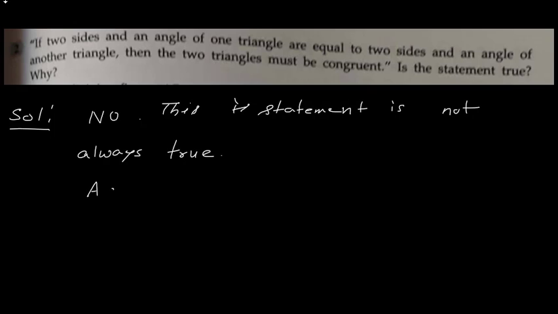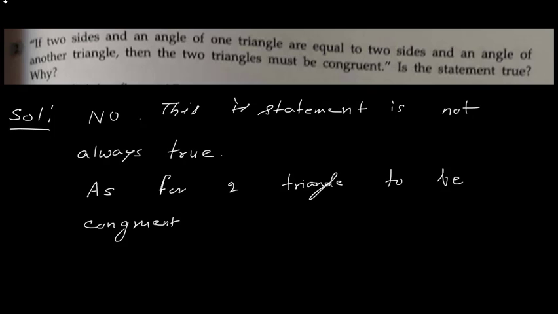As for two triangles to be congruent, the angle should be in between the two sides.